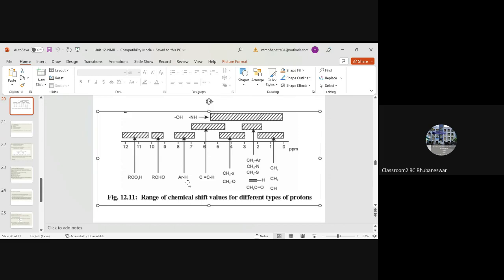If an aldehyde unit is there, my chemical shift should come in which region? If acidic functional groups are there, in which region am I expecting? It may not be exactly the same, maybe a different environment is also playing a role, but tentatively you can predict that in this region I'm getting a signal, so it may have the COOH group.